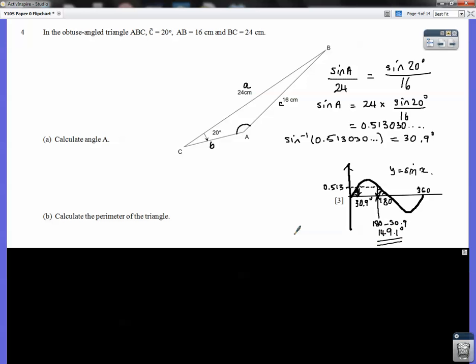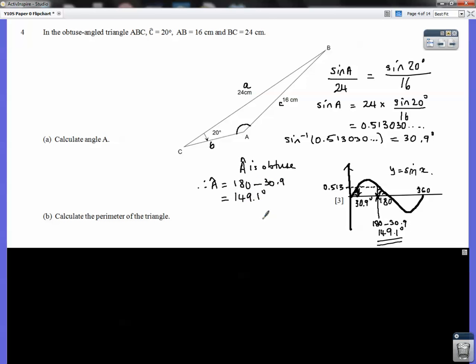And that is the actual value of angle A. If you use 30.9 in your working, you will end up getting part B hopelessly wrong. So angle A is obtuse, and therefore A is 180 minus 30.9, which is 149.1.